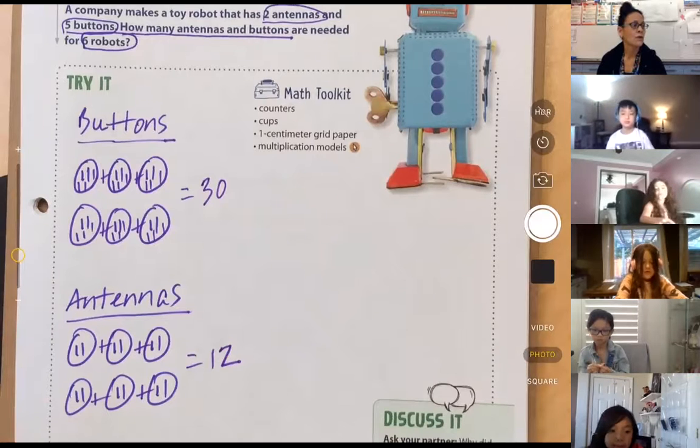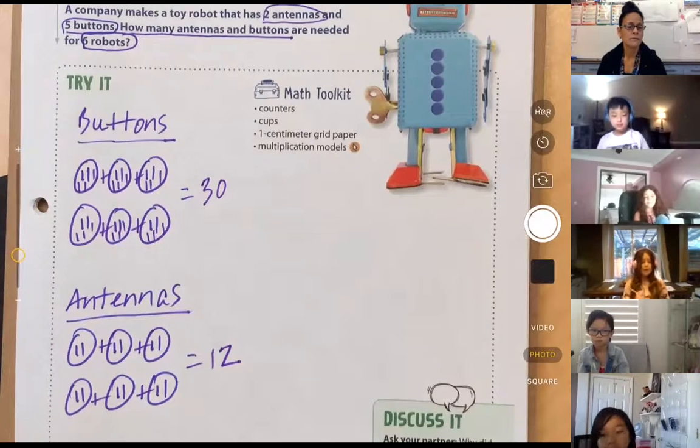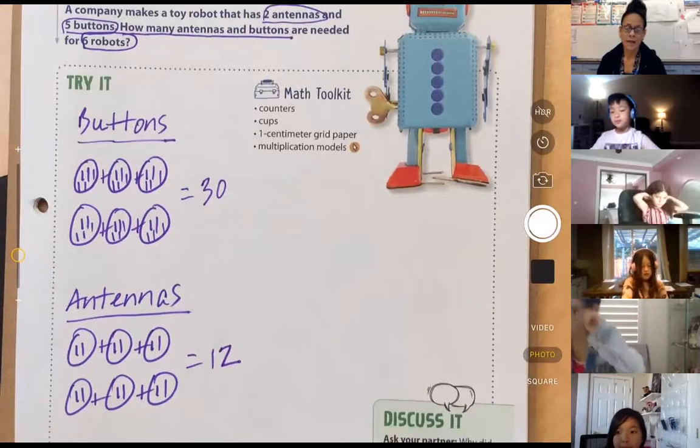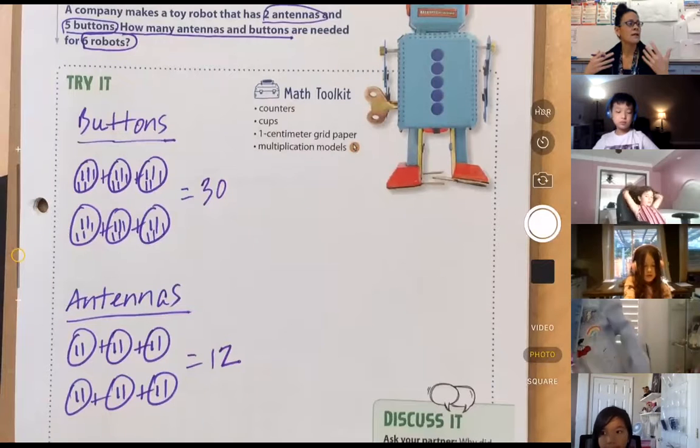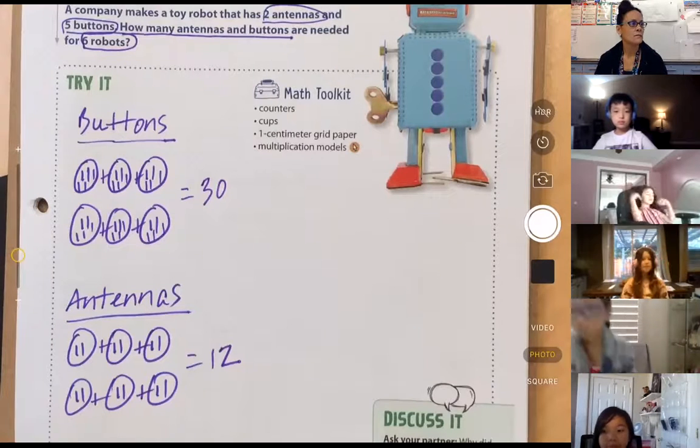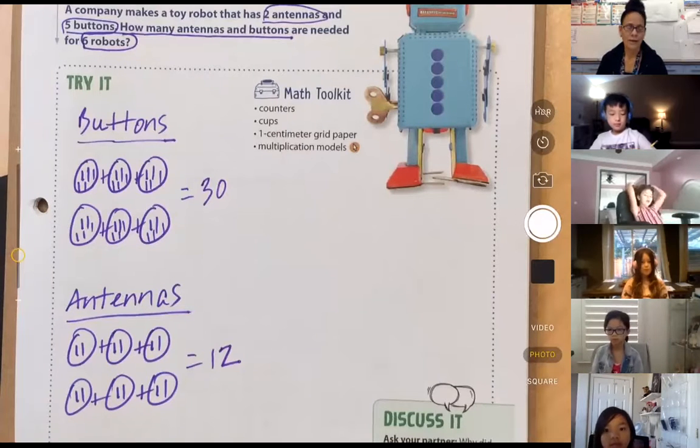Could I draw an array? Yes, I could. I would have 6 rows, and then I would have 5 in each row. Lots of different ways, friends, that we can model this forward counting or skip counting or adding equal groups with multiplication.